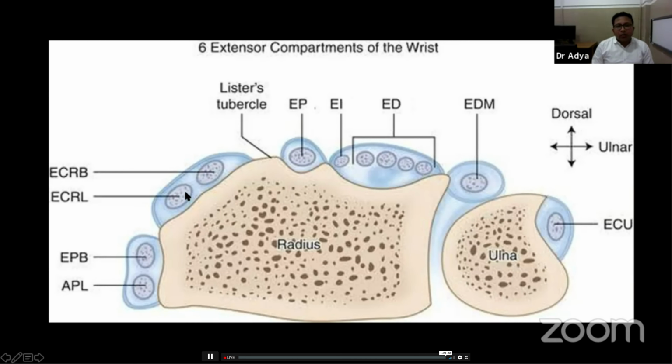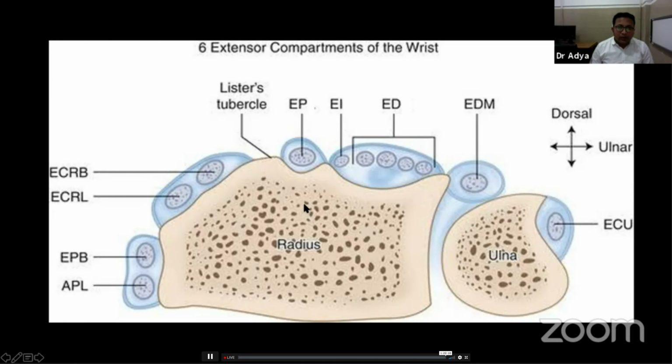The third compartment carries the extensor pollicis longus. Then the fourth compartment carries the extensor indicis and the extensor digitorum tendons. The fifth compartment carries the extensor digiti minimi, and the sixth compartment, which is present within the groove for the extensor carpi ulnaris in the ulna, carries the ECU tendon.